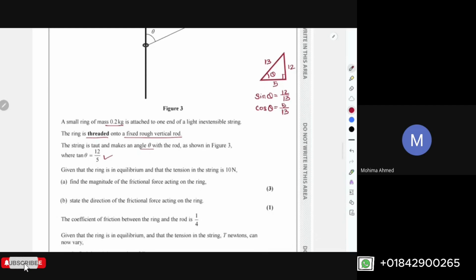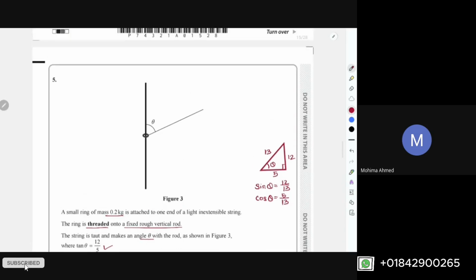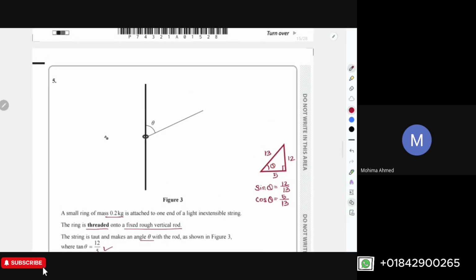Adjacent over hypotenuse. Now they are saying that the ring is in equilibrium and the tension in the string is 10. I have to find out the magnitude of the friction acting on the ring. The tension will act in this direction, right?